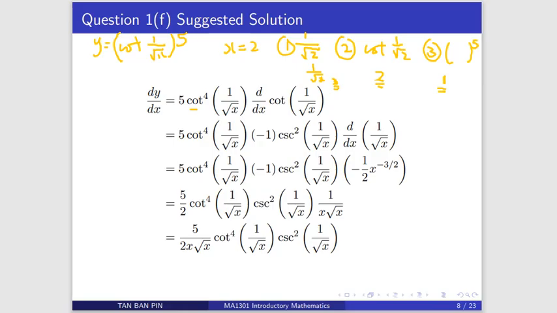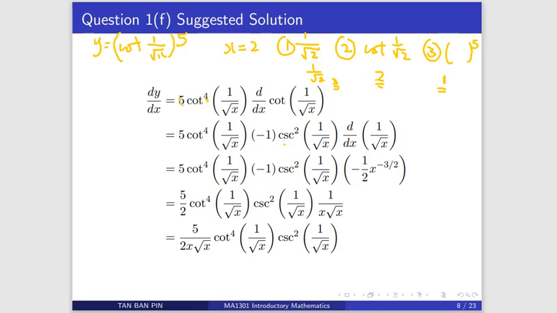This one comes from differentiating power 5, that's why it's 5 power 4. Then differentiating cotangent gives you cosecant squared, and then differentiate 1 over square root x. We can do that to check your answer: the sequence you differentiate, is it correct or not?